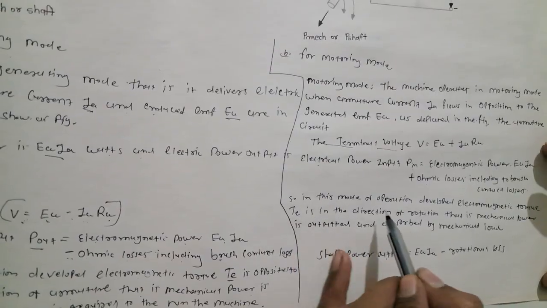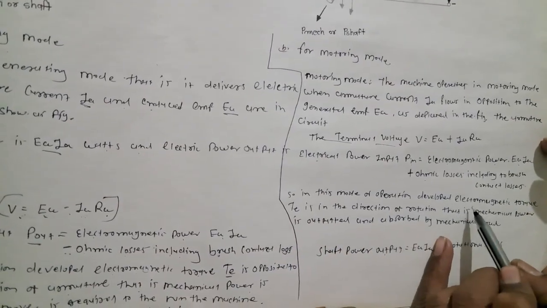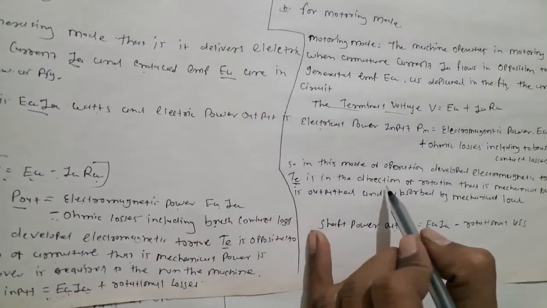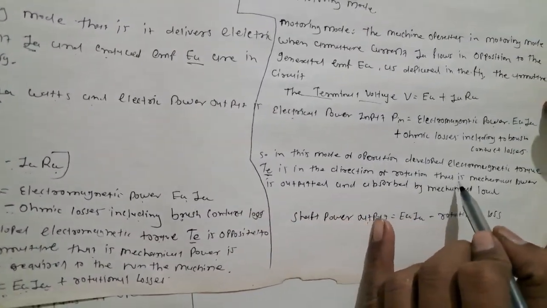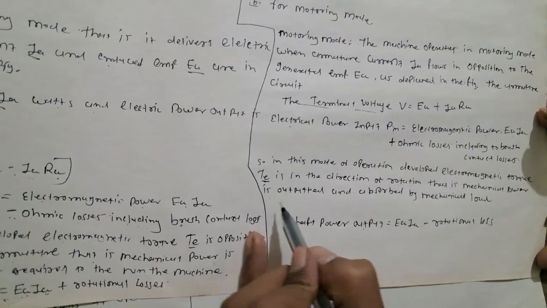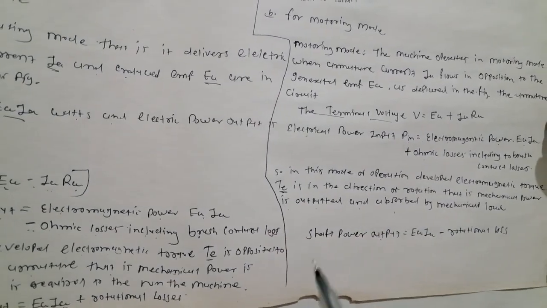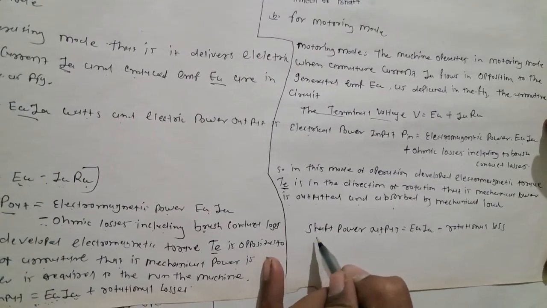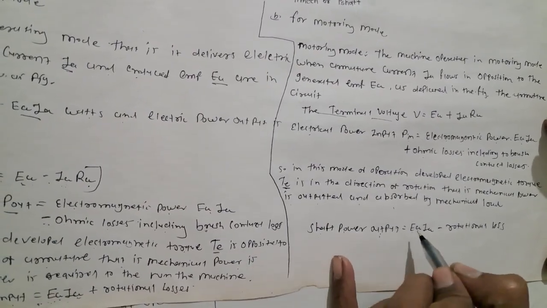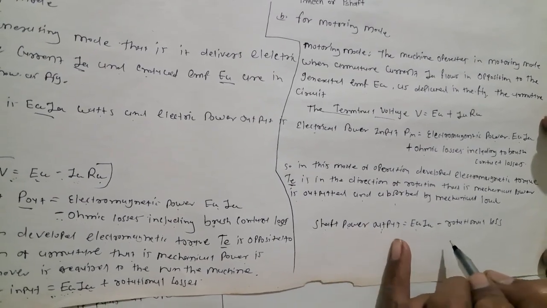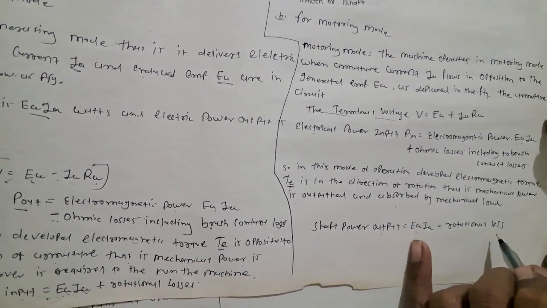So in this mode of operation, the developed electromagnetic torque Te is in the direction of rotation, that is, mechanical power is outputted and absorbed by the mechanical load. So shaft power output is equal to EA IA minus rotational losses.